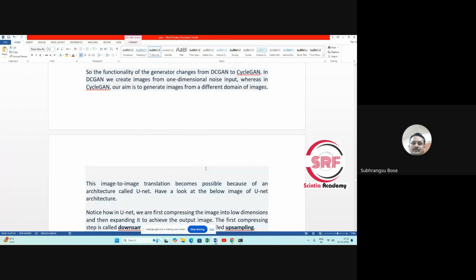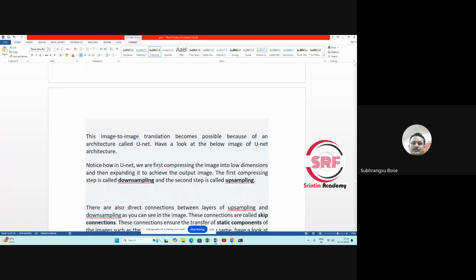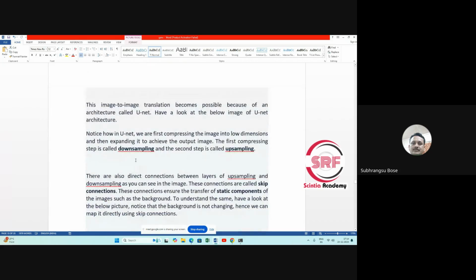So the functionality of the generator changes from DCGAN to CycleGAN. DCGAN creates an image from a one-dimensional noise input, whereas in CycleGAN our aim is to generate an image from different domains of the image. Image to image translation. The first step is downsampling, and the second step is upsampling.